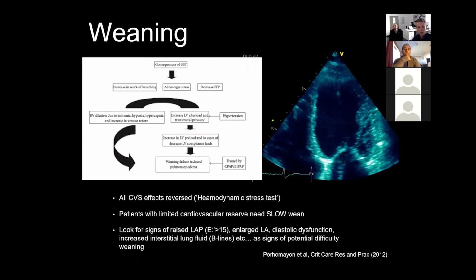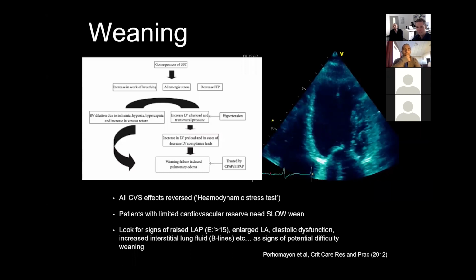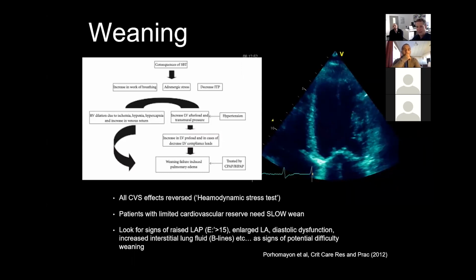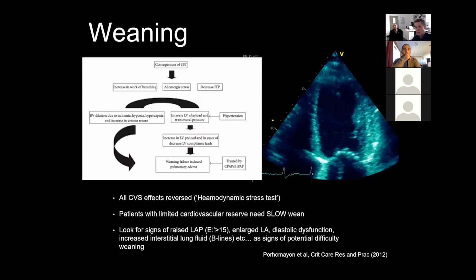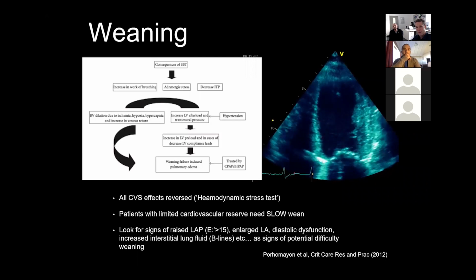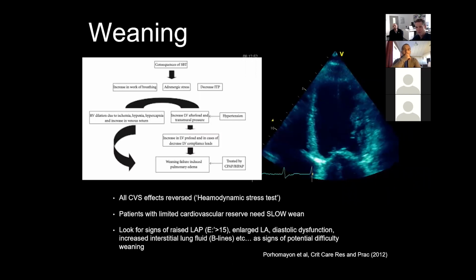Bog standard thing that I'll use is an E to E prime of at least 15. All right, that is not perfect. So I'm also going to look at the left atrial size, the interatrial septum, the E to A ratio, and I guess probably most importantly, particularly because we got Kylie on the link here, is talking about lung ultrasound. All right.